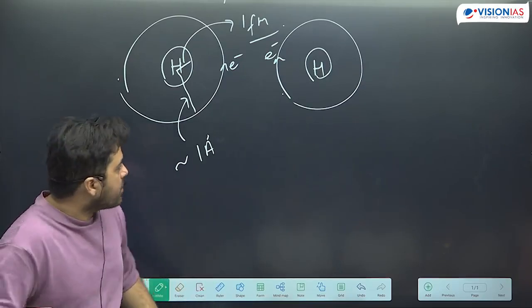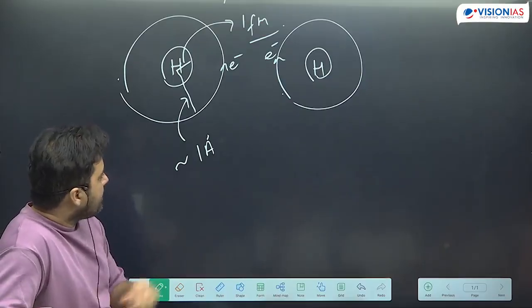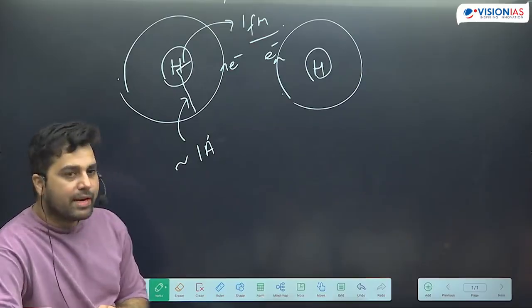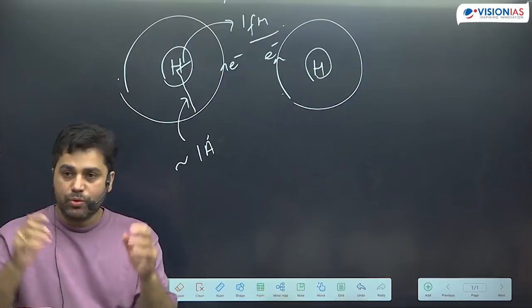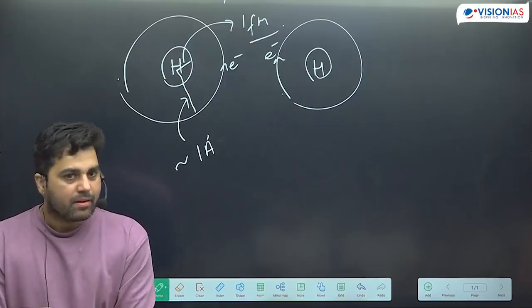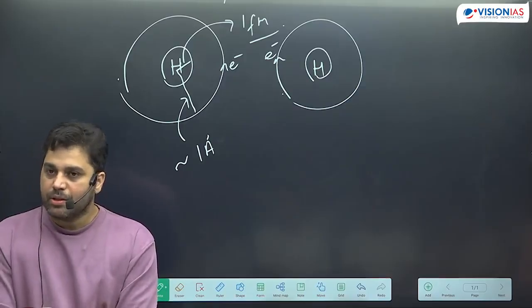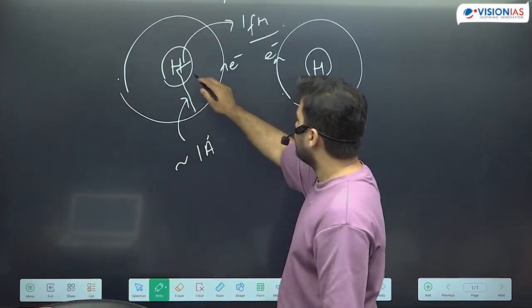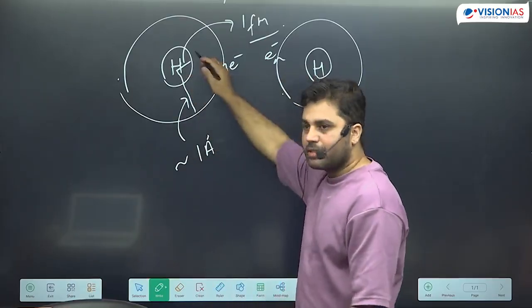So when they are going to come close to each other, particularly when they start coming in range of, let's say, few angstroms, then the two nuclei, which are very close to each other, now in the range of few angstroms, they are going to have a very powerful electromagnetic repulsion, because remember, they both have protons here.